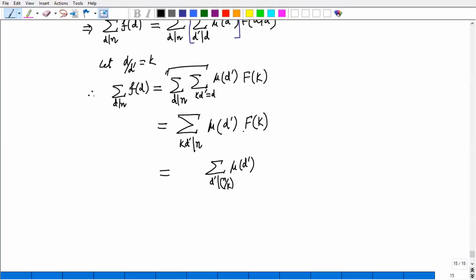we have f(k). Okay, so k is a divisor, because we have combined previously. Now we are separating for μ and k, f of k. So now we can write the sum over k that runs over the positive divisors of n, f(k).